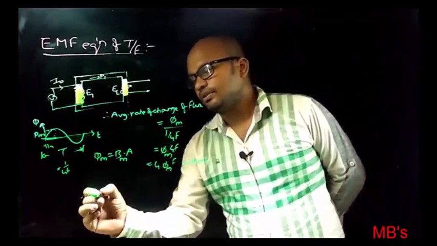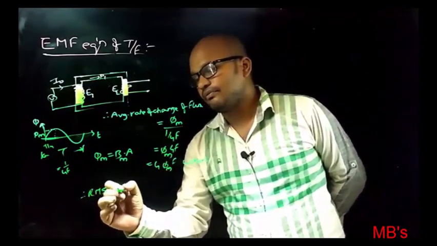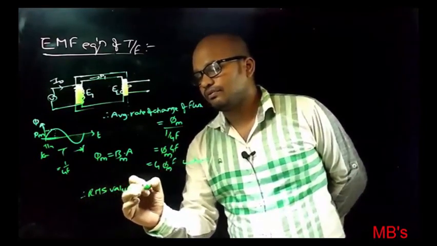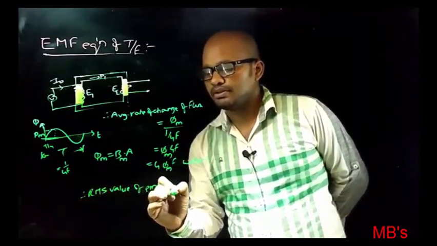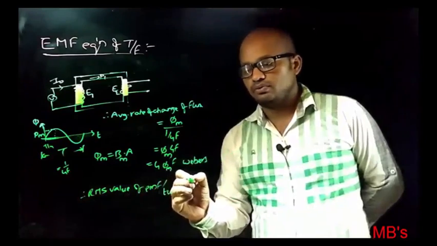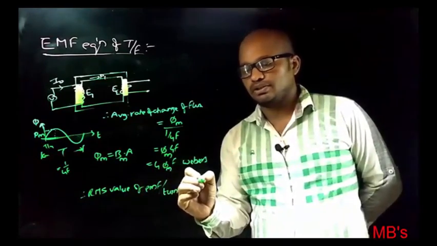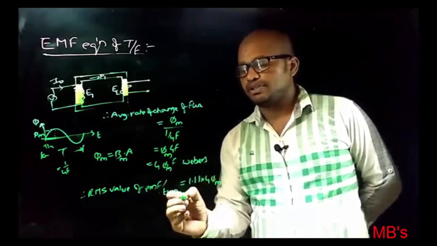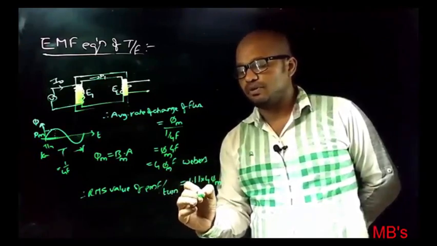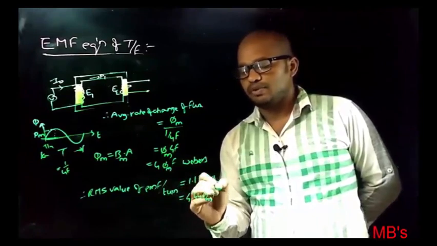Therefore, RMS value of EMF per turn is equal to 1.11 into 4 phi m into f, that is equal to 4.44 phi m into f.